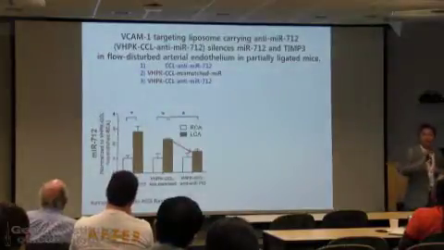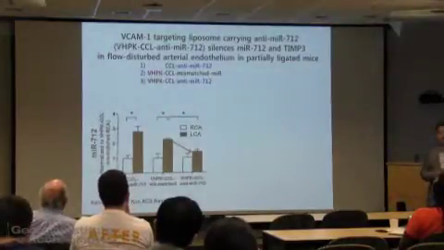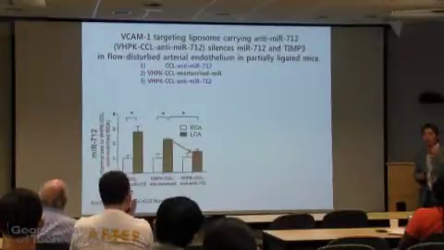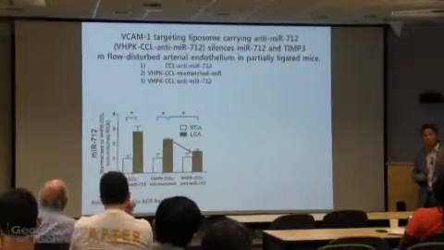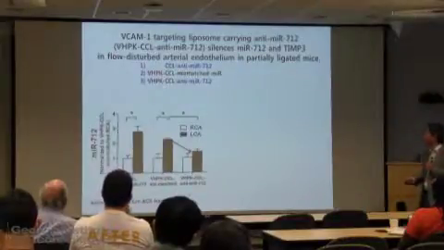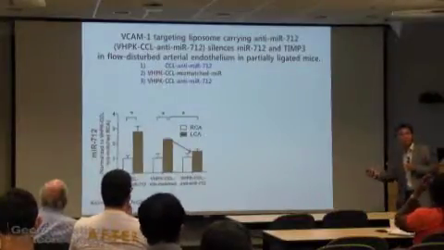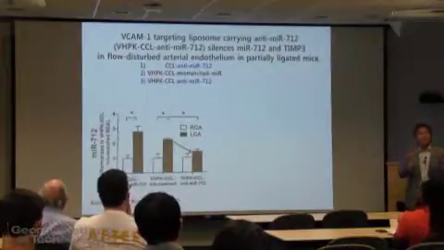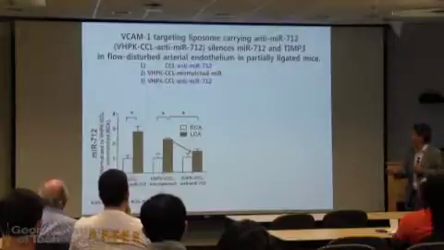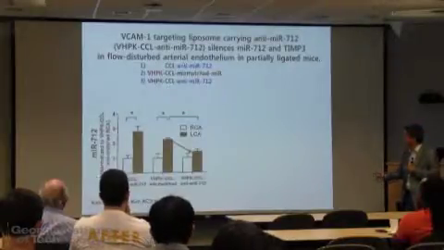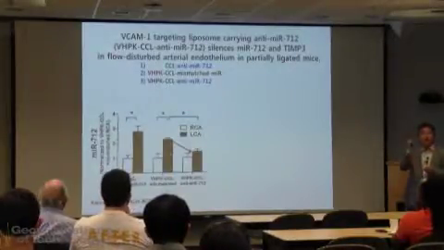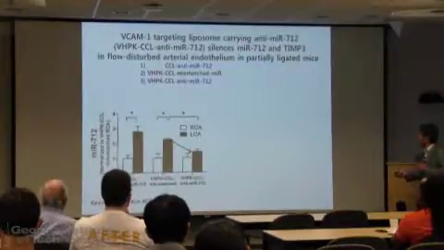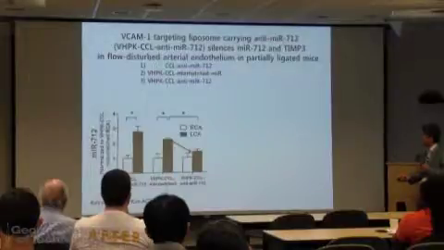I'm going to skip the in vitro data, but we were able to show that in vitro, it goes into the cells and works really specifically to block MIO-712. This is in vivo data. We did a partial ligation surgery to induce MIO-712 expression in the LCA. Then we injected mice with this lipid particle with the VHPK, the VCAM1 targeting peptide.